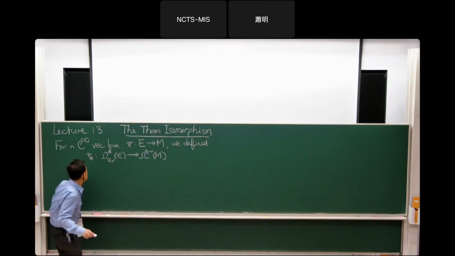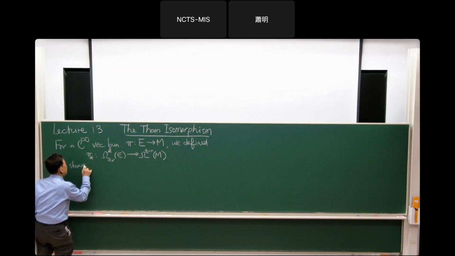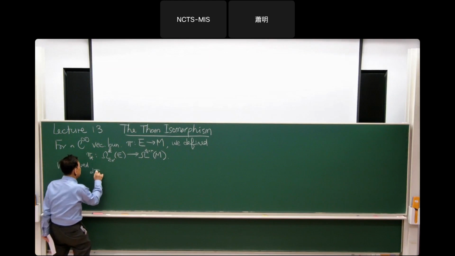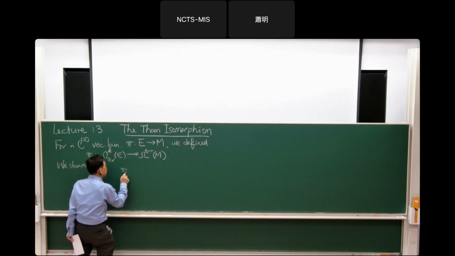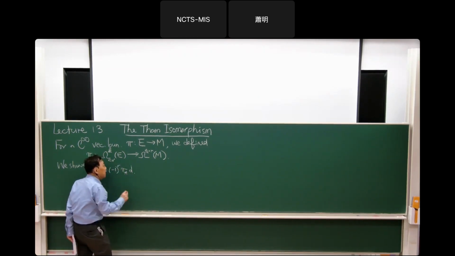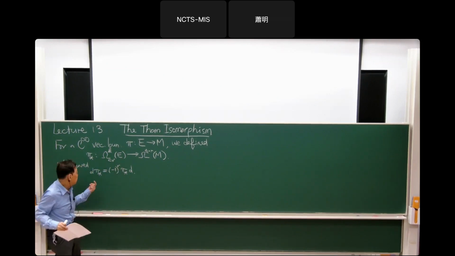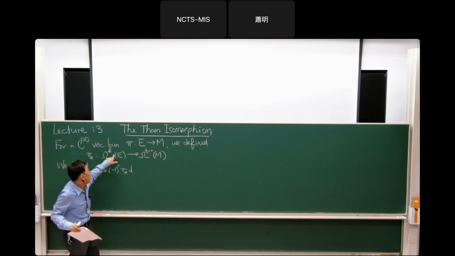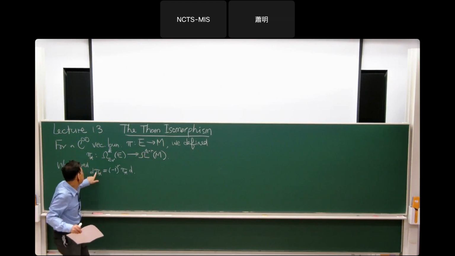And we show that it commutes with the exterior derivative up to sign. So we show d pi lower star is pi lower star d, but with the sign -1 to the r. And I said that this sign makes sense because pi lower star has degree -r, and d has degree 1.